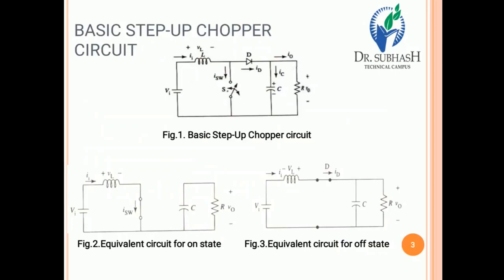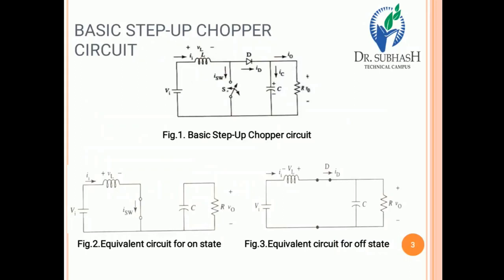Here we place the switch in parallel with the input source. The switch can be in either the turn on condition or the turn off condition. Depending on the position of switch S, the diode goes into forward bias or reverse bias.